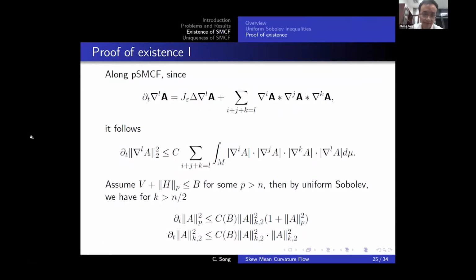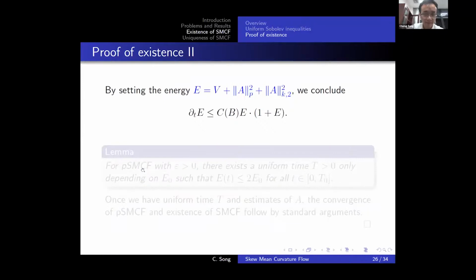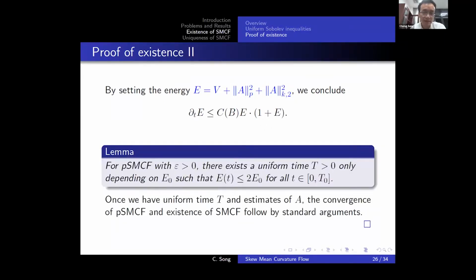And the next, please. Yeah. So I will just put the volume and the L^p norm of the second fundamental form into this energy, and try to derive a Gronwall type inequality for this energy.